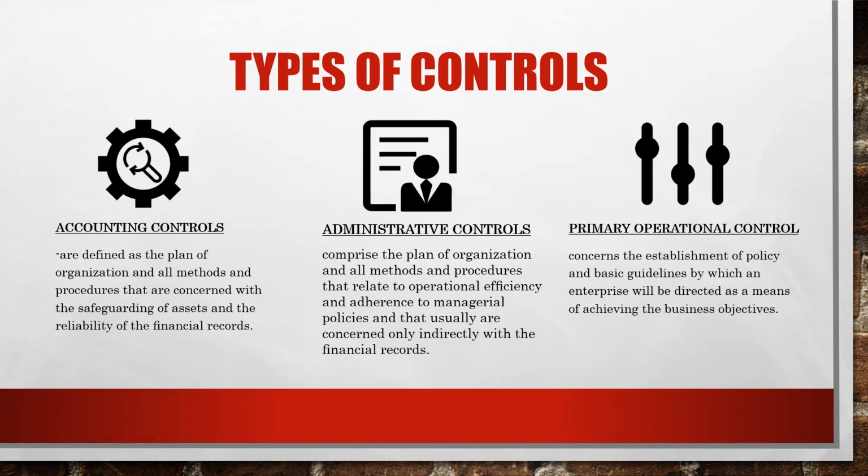So first, accounting controls, which are defined as the plan of organization and all methods and procedures that are concerned with the safeguarding of assets and reliability of financial records.